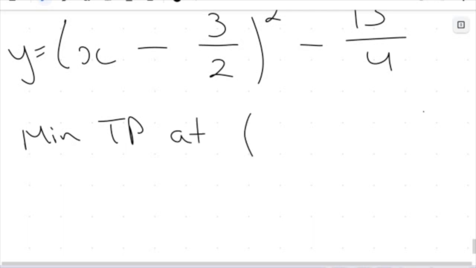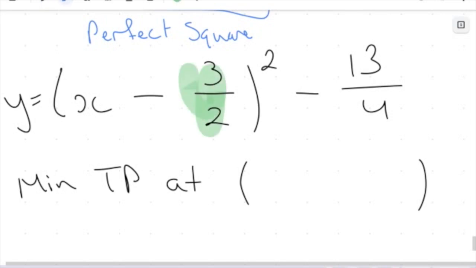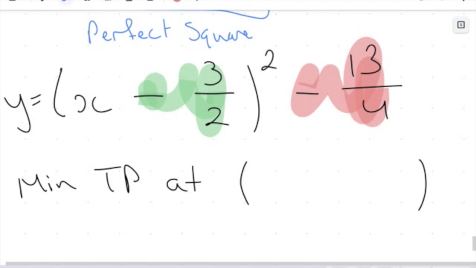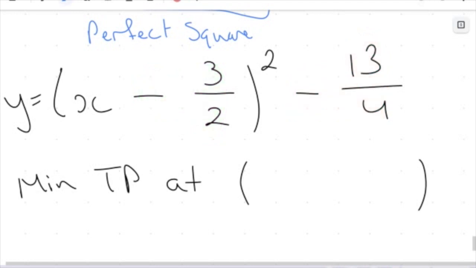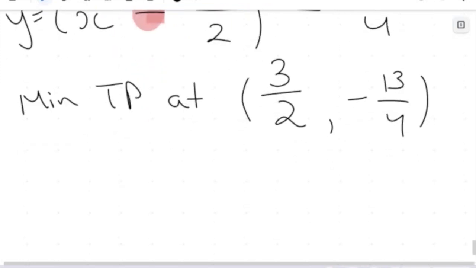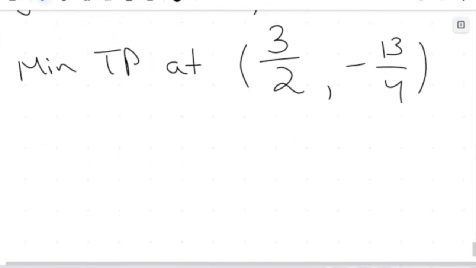And here, these values tell me how much it gets horizontally or vertically translated, that tells me where the vertex moves. So I have a negative here. So remember, for the x values, we go in the opposite direction. So my x coordinate is going to be 3 on 2, and my y coordinate is going to be negative 13 on 4. So this is my minimum turning point at these coordinates here.